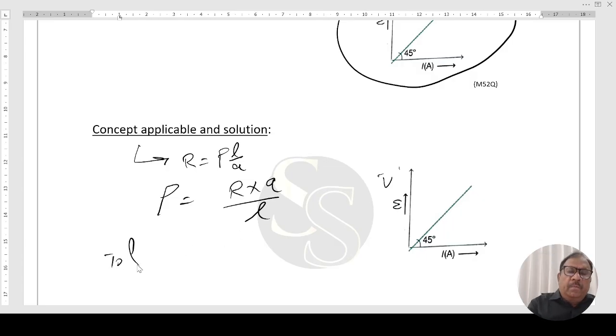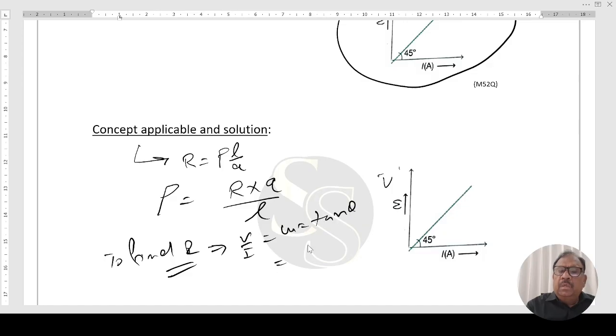Now, to find R equal to V upon I, that is the slope m, that is tan theta, that is tan 45, that is 1. This is slope, measured anti-clockwise with respect to the positive direction of the axis.